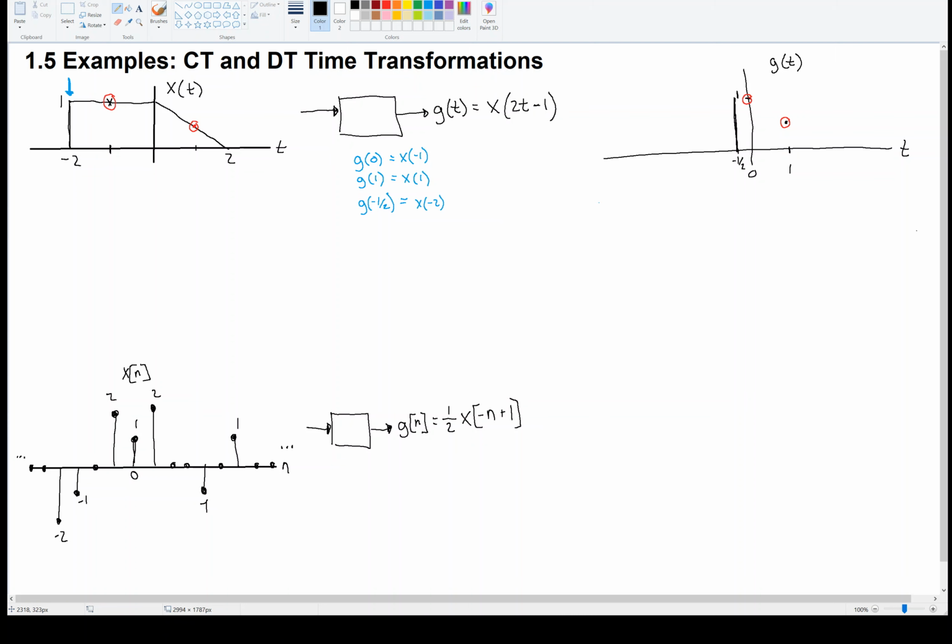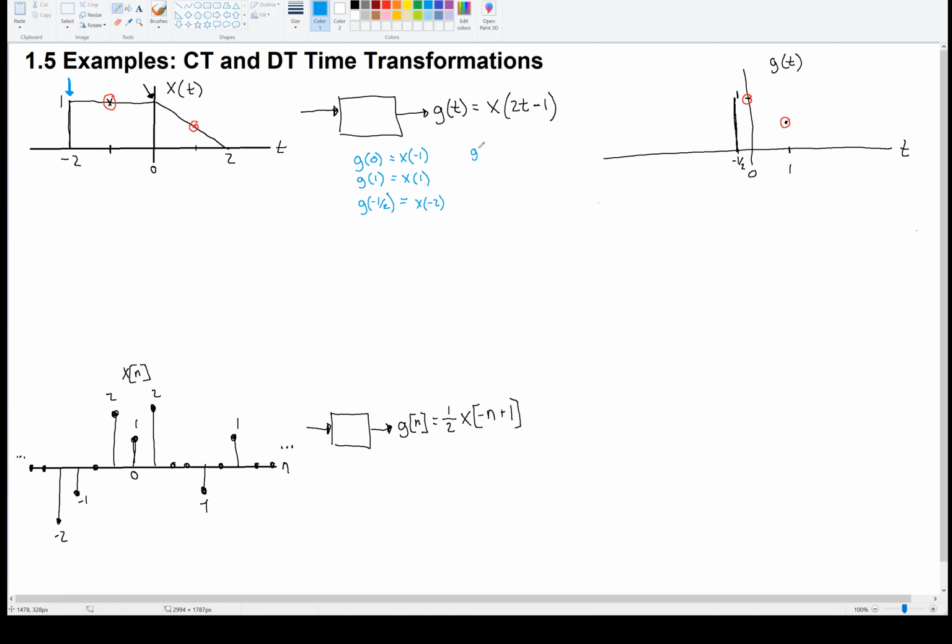Interesting. So let's continue being careful with our choices of t. Now I'm going to try to find this elbow here where the plot starts to decrease. That's x of 0, which happens at the origin. So what value of t must I plug in to get x of 0? Well, that looks like 1/2, because 2 times 1/2 minus 1 is 0.